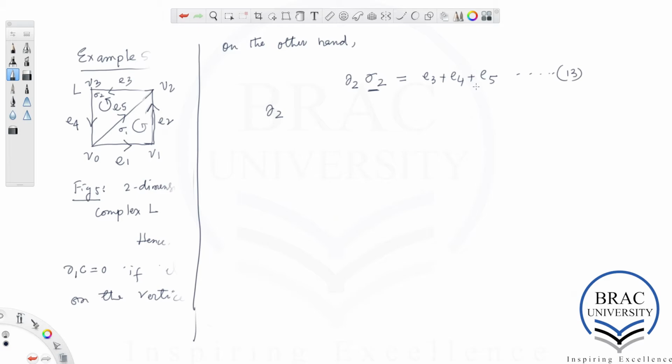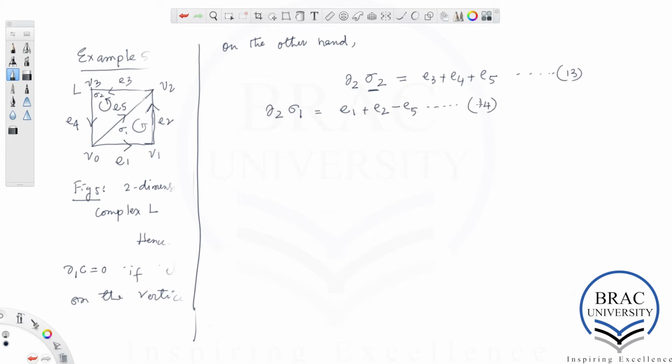Okay. Similarly, one can compute del 2 sigma 1. Sigma 1 is another 2 chain, so that del 2 sigma 1 is a 1 chain. Del 2 sigma 1 is given by E1 plus E2 minus E5, right? This is equation number 14.